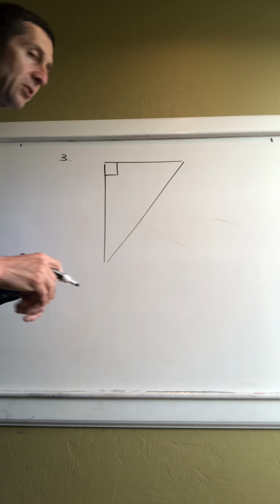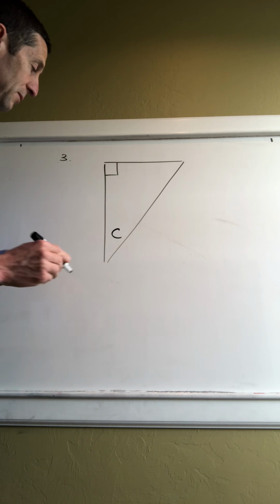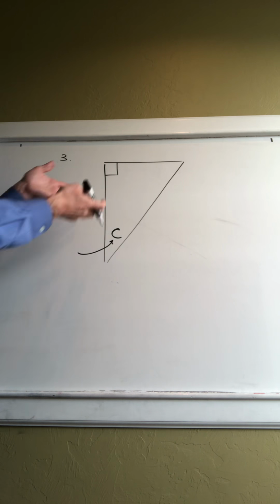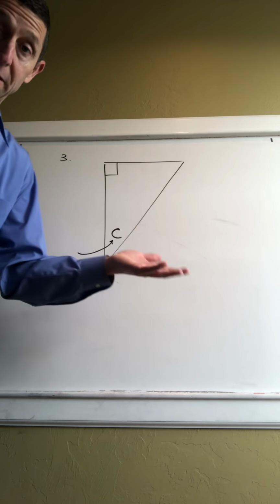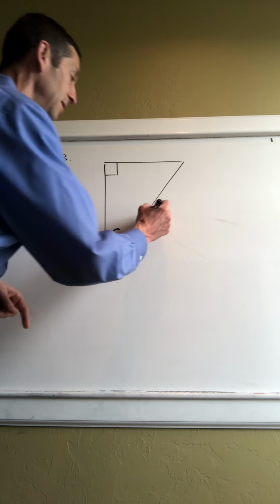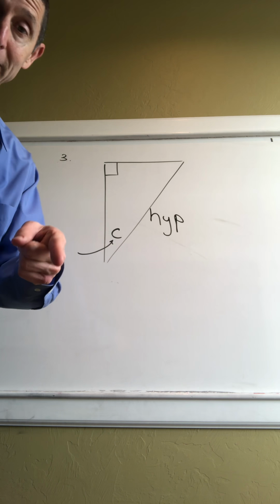It has to be a right triangle, you have to label all 3 sides, and it's based on a given angle each time. This time you've got angle C to work with right there. Based on angle C, can you label all 3 sides correctly? Here's my right angle, opposite of it, that's my hypotenuse. I can definitely get that one right.